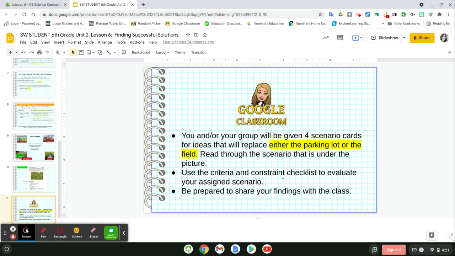We'll use criteria and constraint checklists, much like we did with the pizza place, to evaluate our assigned scenario. And then we'll kind of share out at some point. Okay? All right. So get this slide deck done. And then in your next assignment, with the task cards, you will have another instructional video that will take you through all of that assignment. Email me if you have questions.